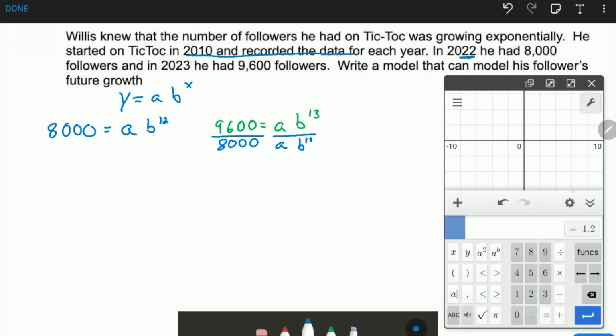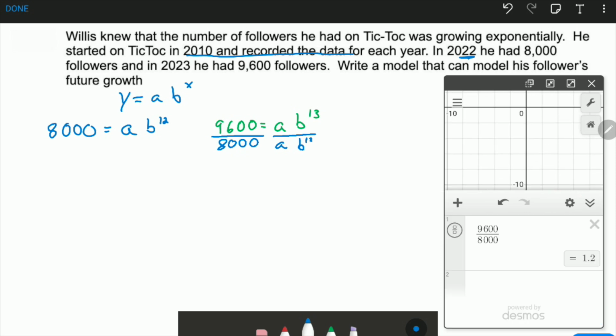So if I do this division, we get 1.2. On the right side, the a's cancel out. And when you divide variables, you can subtract their exponents. So 13 minus 12 is b to the first, or just b. So we easily found what b is.